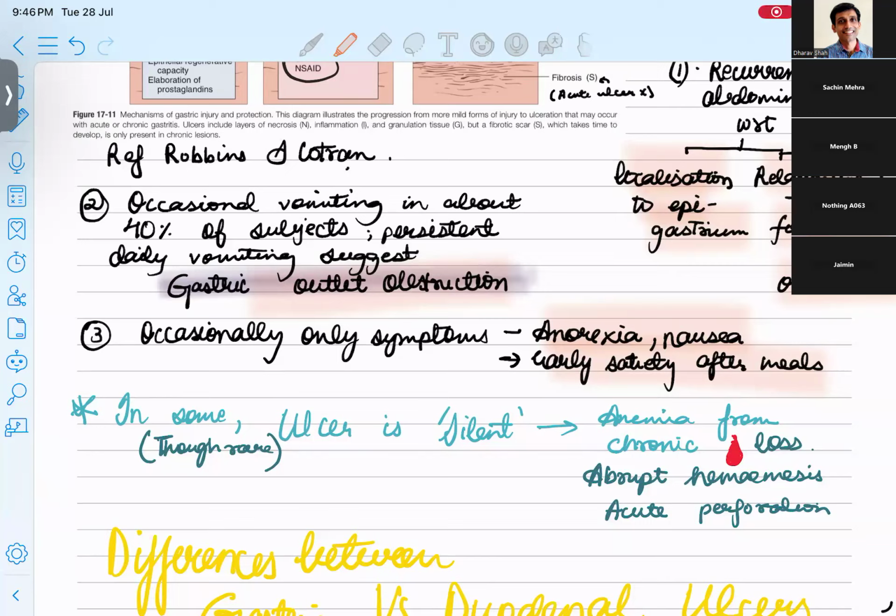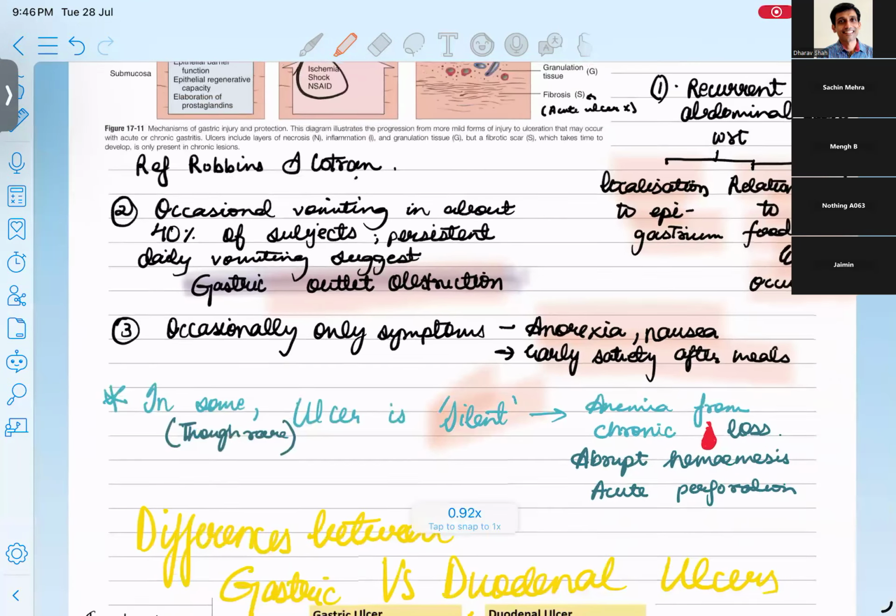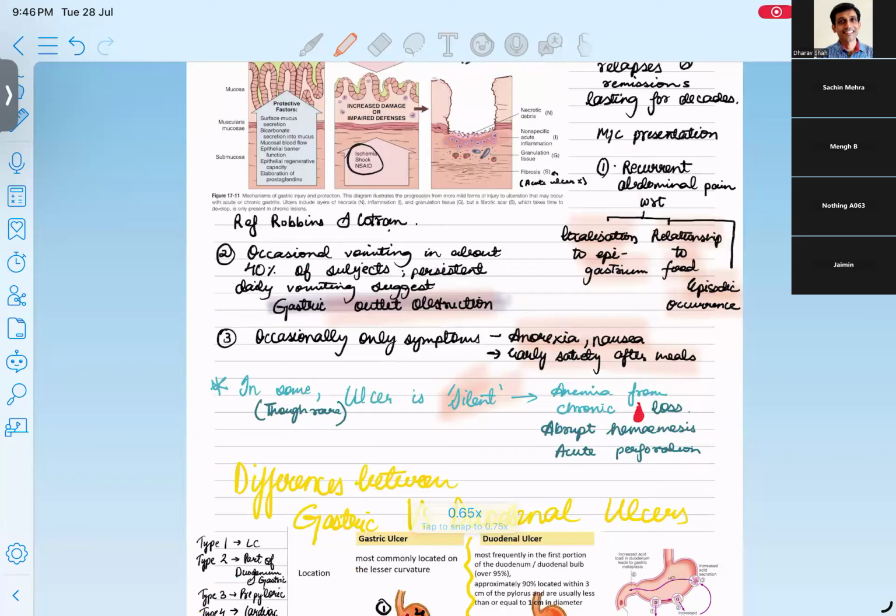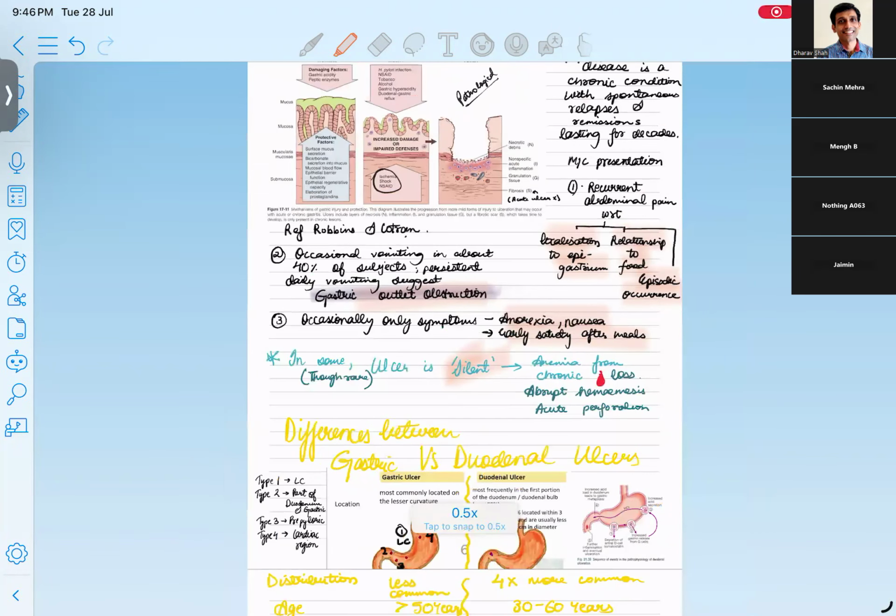In some, although very rare, the ulcer is ultimately very silent. So the patient might present with anemia from chronic blood loss, abrupt hematemesis, or acute perforation. So, understanding our limit in the history here, patients with peptic ulcers can actually present with everything or anything.